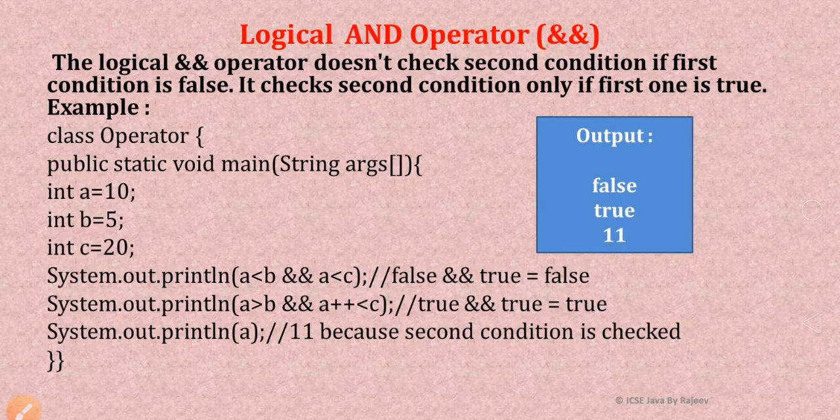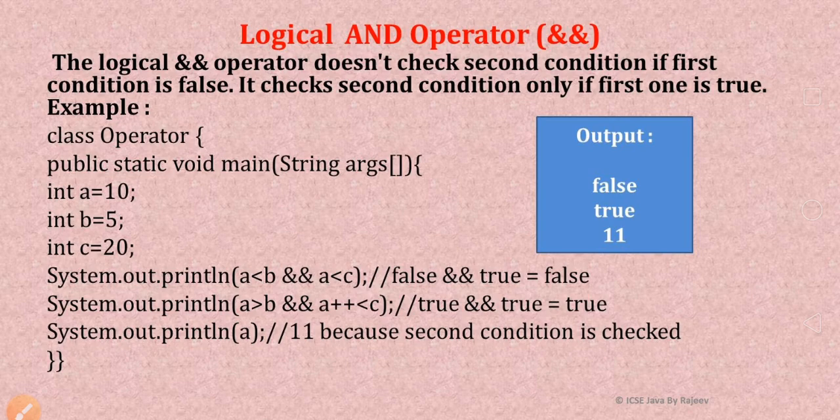So let's see an example. A equal to 10, B equal to 5, C equal to 20. A less than B, 10 less than 5, false. So as it is false, it will not go for checking the second expression. So with false and true, the outcome will be false.